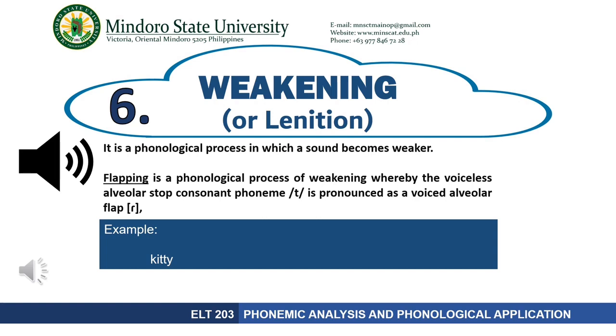In here, there is a term called flapping, a phonological process of weakening whereby the voiceless alveolar stop consonant phoneme T is pronounced as a voiced alveolar flap. For example, the word "kitty" becomes "kiddy".